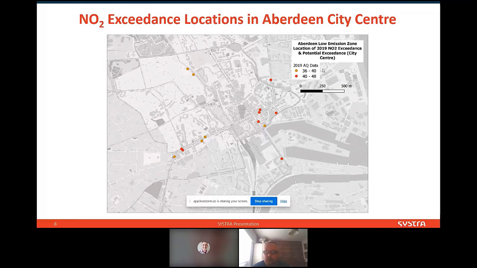Now, the threshold for what's deemed acceptable levels of emissions, I should say, is 40. So the amber ones are where the emissions are approaching the exceedance, and the red areas are where in 2019 the emissions were above the acceptable level. So this is important data as a starting point.